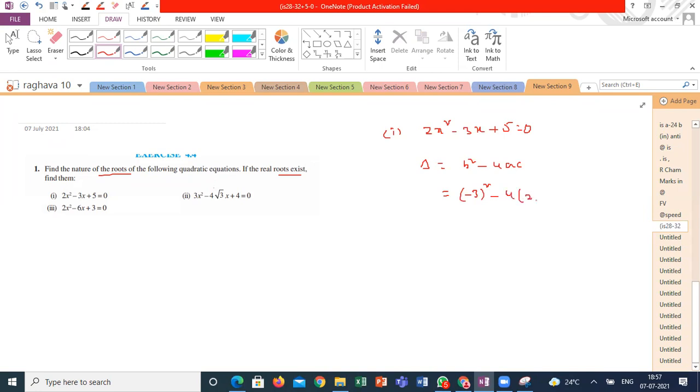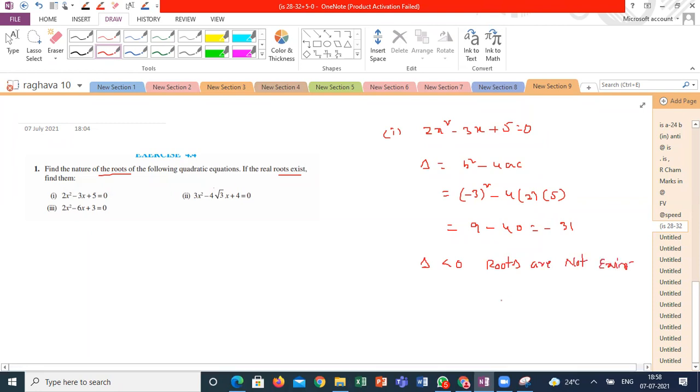Minus 4 into a is 2, c is 5. 9 minus how much? 40, minus 31. Delta is less than 0. Roots do not exist. No real roots. This is the nature of the roots. Roots do not exist. Is it clear, guys?